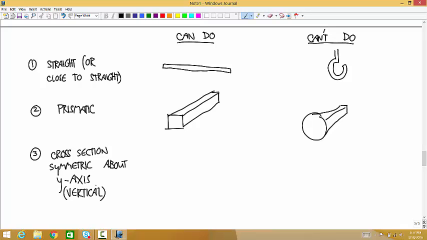Okay, so we can do pretty complicated cross sections. We could do something like that because it's symmetric about a vertical axis. That means that this is our bending axis.